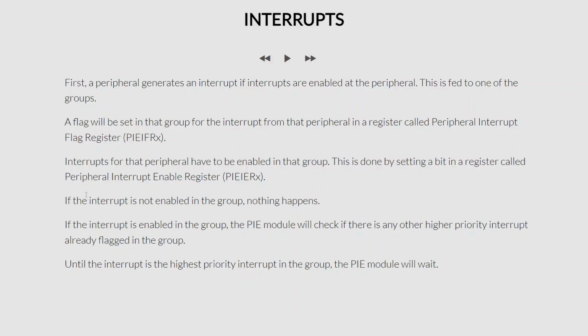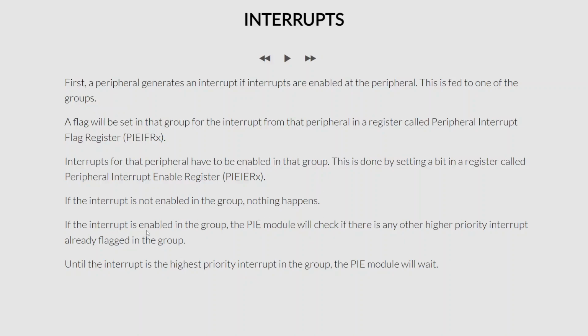But if the interrupt is not enabled in the group, nothing happens. So even if the peripheral generates an interrupt and it goes to the group and the flag is set, if we do not enable the interrupt in that register corresponding to that group, nothing will happen.